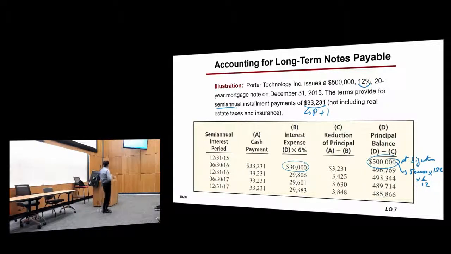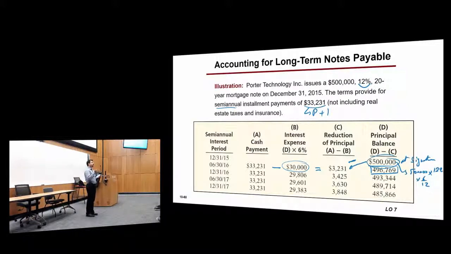The installment is 33,231. Interest expense is 30,000. The difference between the two will be equal to the reduction of principal. Now, the new principal will be 500,000 minus the reduction in principal. That's your new principal.